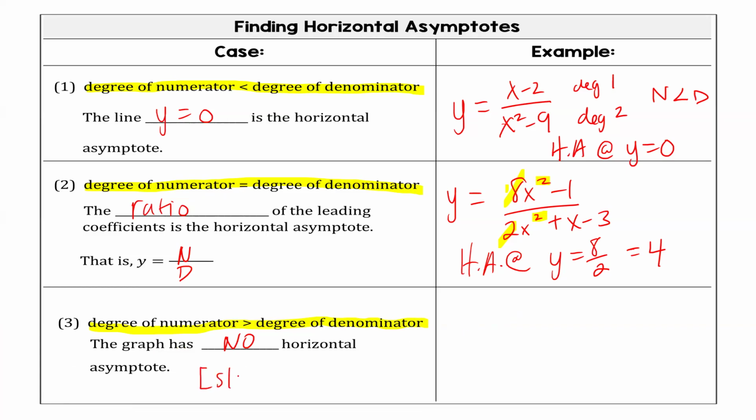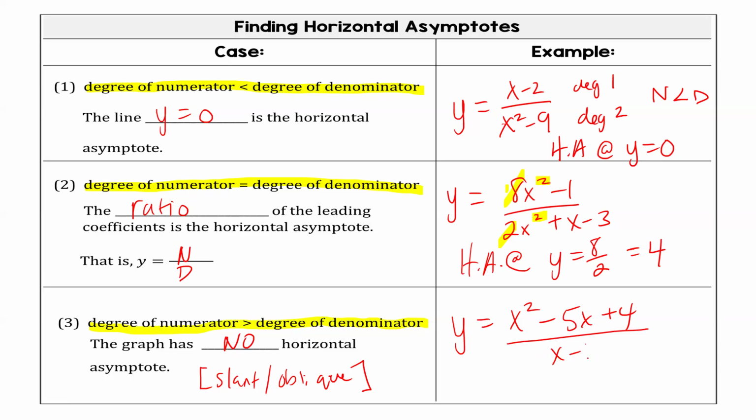You're going to have a slant or oblique asymptote. Oblique, O-B-L-I-Q-U-E.